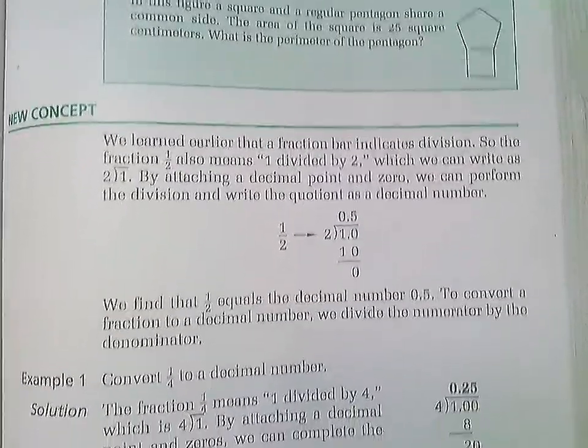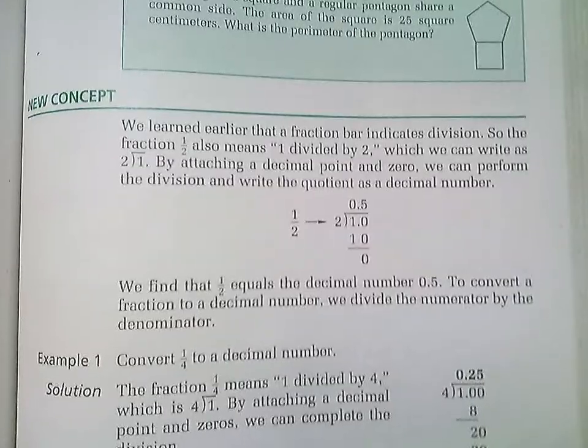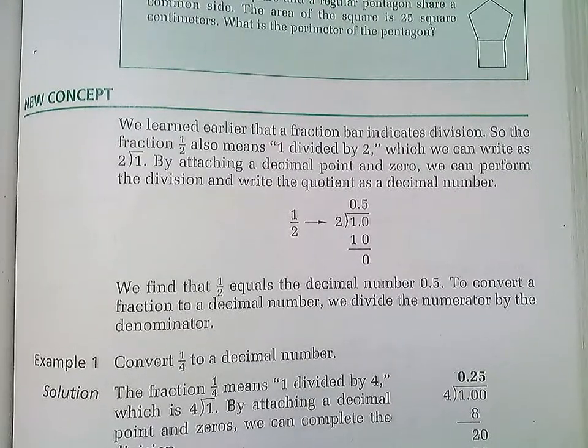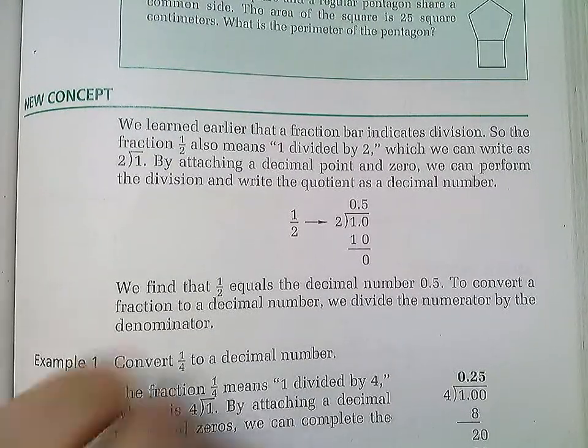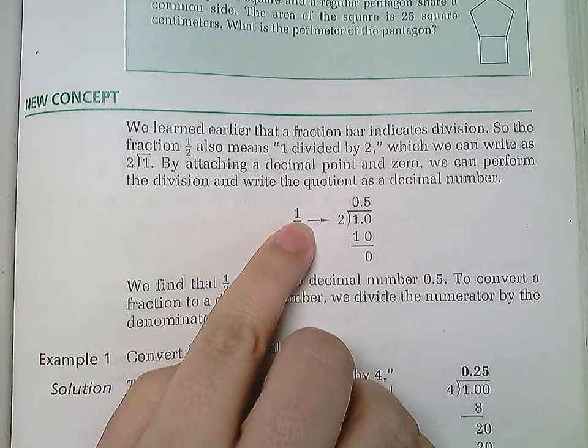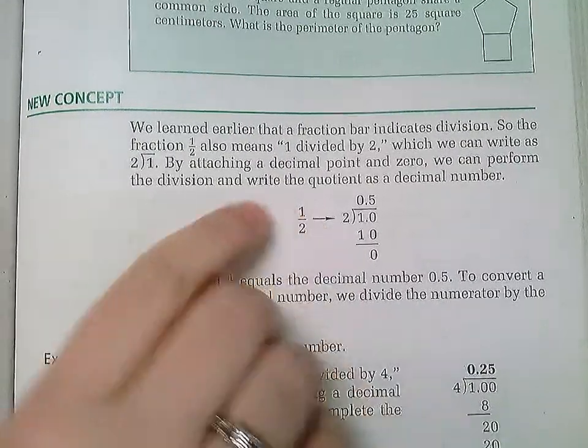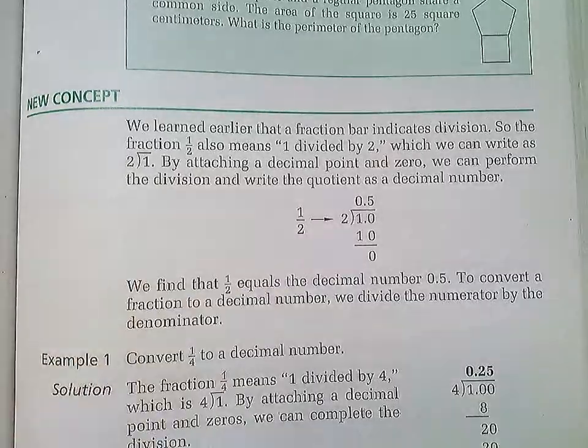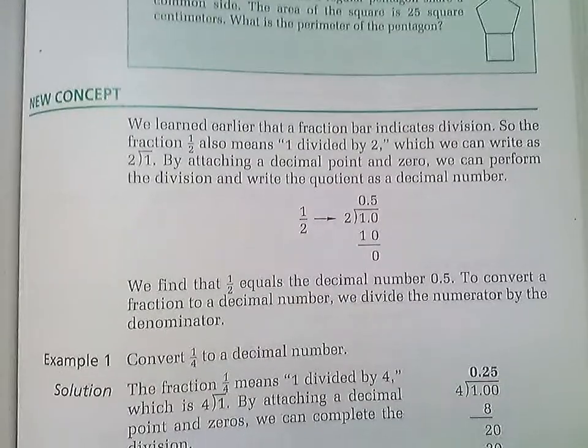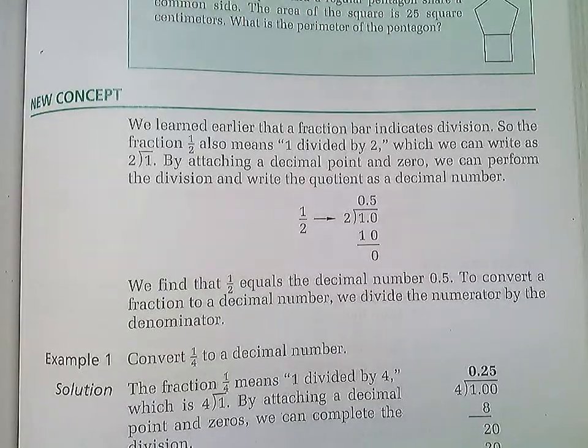The new concept at the bottom. We learned earlier that a fraction bar indicates division. This is the fraction bar, the bar between the numerator and the denominator. That indicates division.